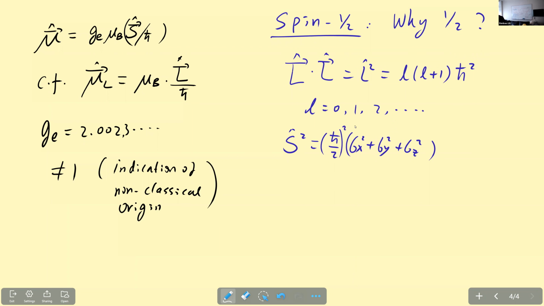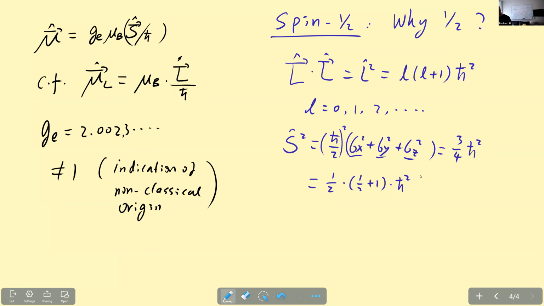But we already know that the Pauli matrices are Hermitian and unitary, so the square must be 1. So sigma x squared equals 1, sigma y squared equals 1, sigma z squared equals 1. So 1 plus 1 plus 1 is just 3. So the result is 3 over 4 times h bar squared. It does not equal L times L plus 1 times h bar squared if L is an integer. But this can be written as 1 over 2 times 1 over 2 plus 1 times h bar squared. So that is very intriguing.